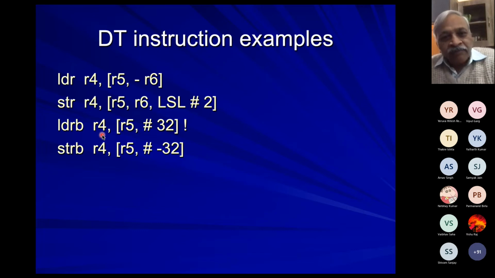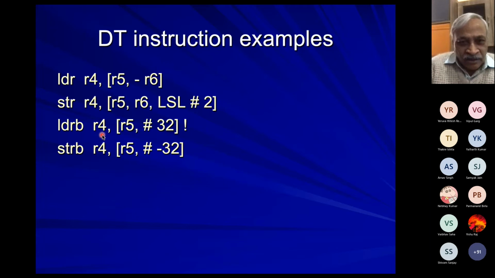So, once we pass this command LDRB with this exclamation mark, something is loaded in R4. Then when is it written back in R5? This instruction will modify two things after the operation. One is the contents of R4, which will be modified by contents brought from memory, and R5 will be modified by adding 32 to its old contents. So this instruction updates two registers.